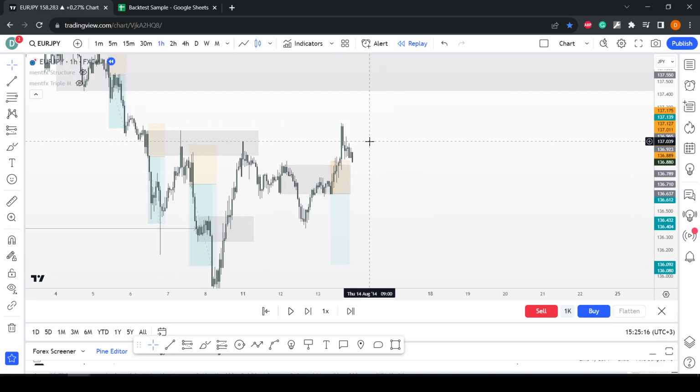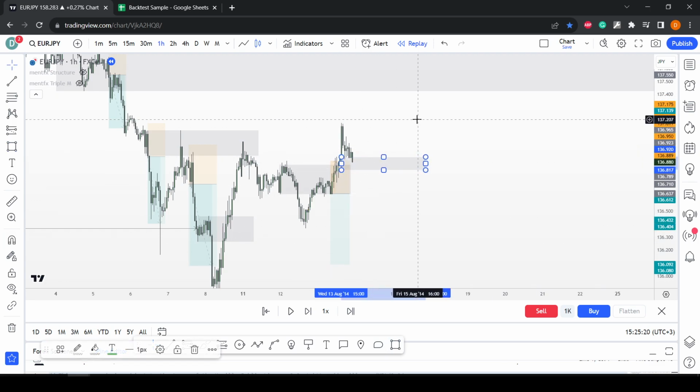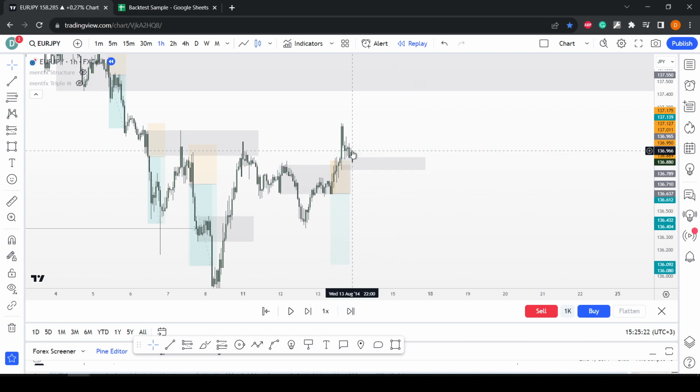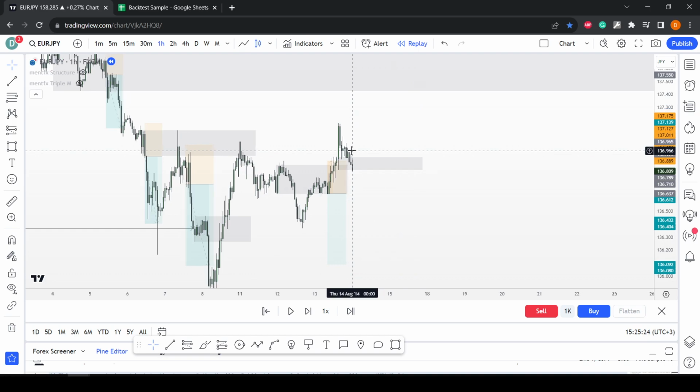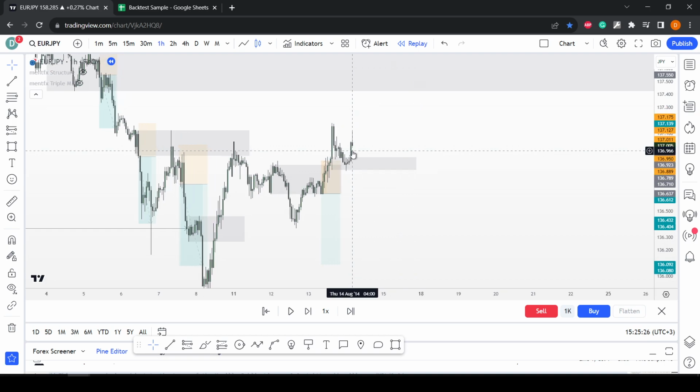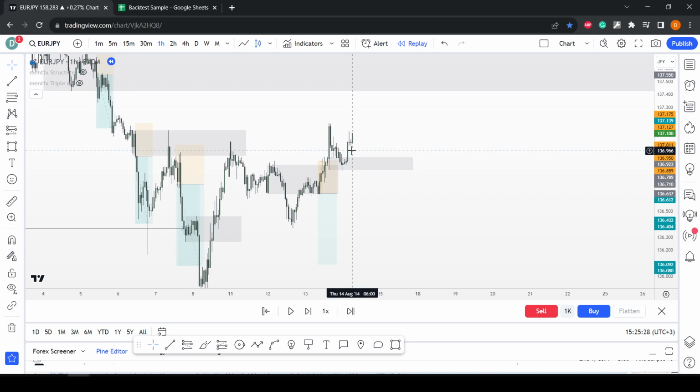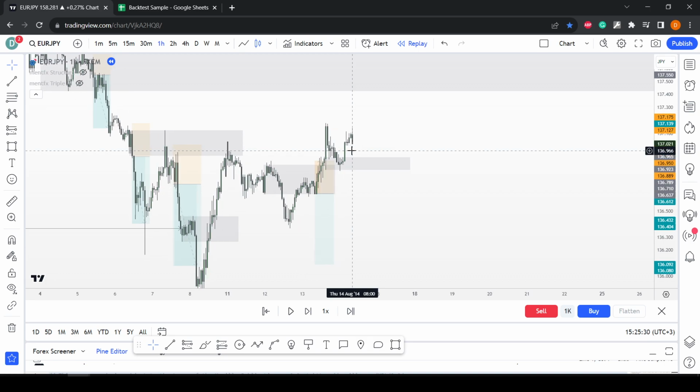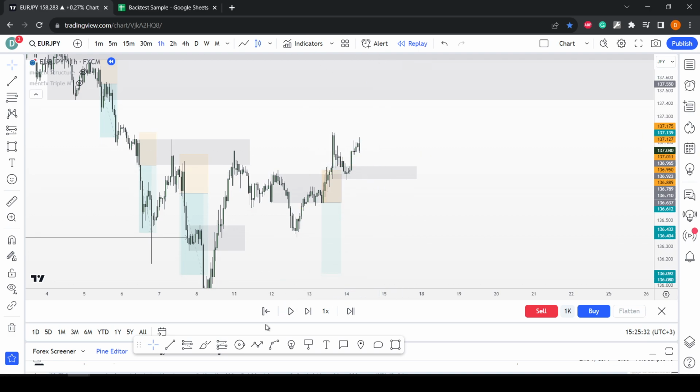So to be honest, for short term, I'm okay with shifting my bias. And this is Asian session, so let's see. Actually starting to hold. And yeah, I'm pretty okay.